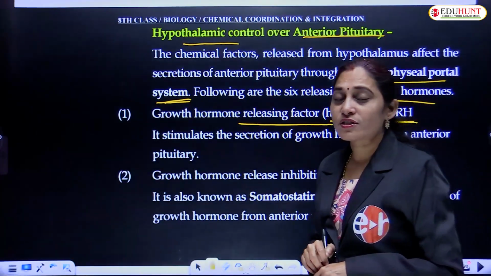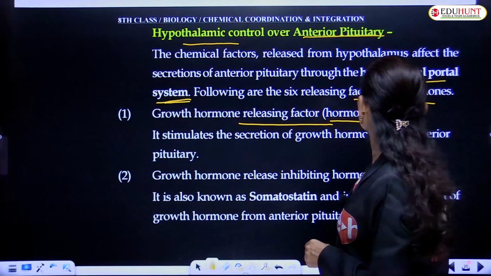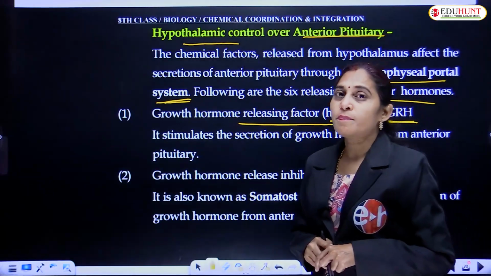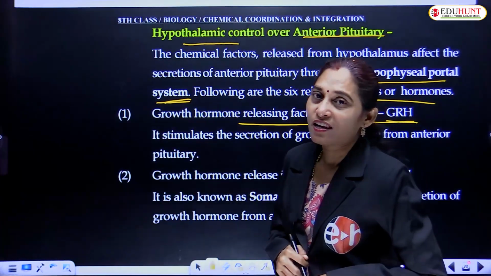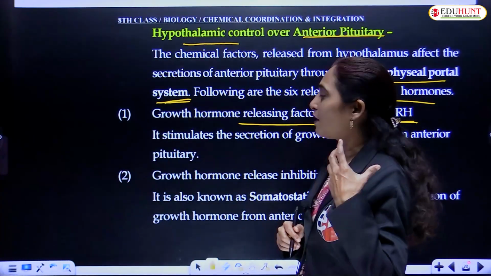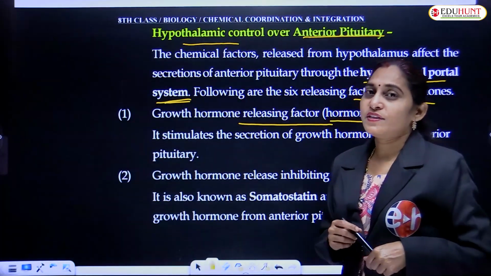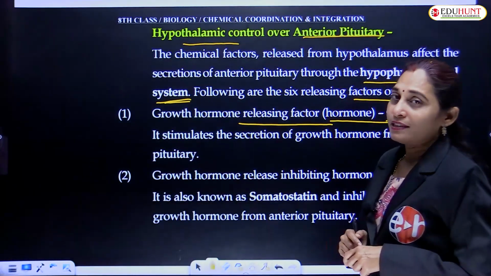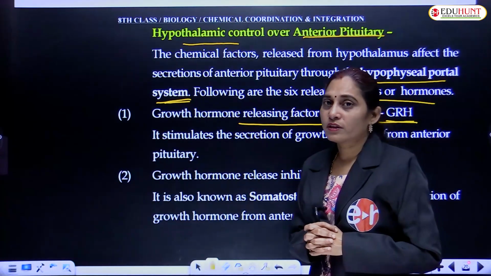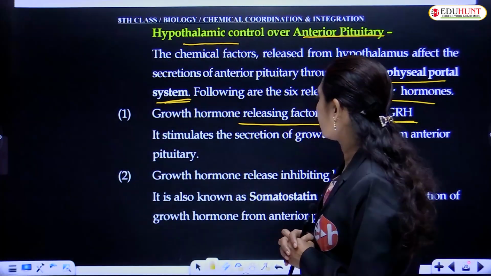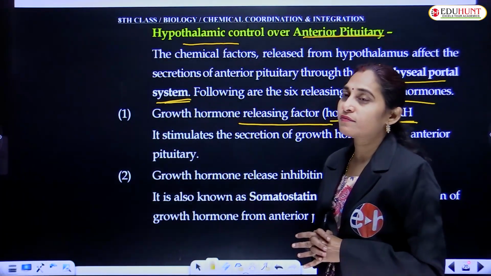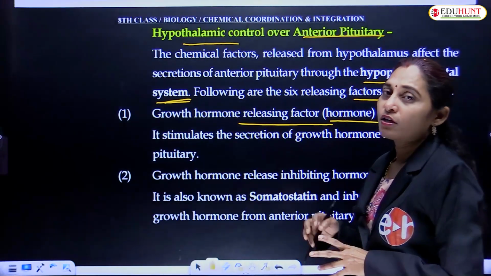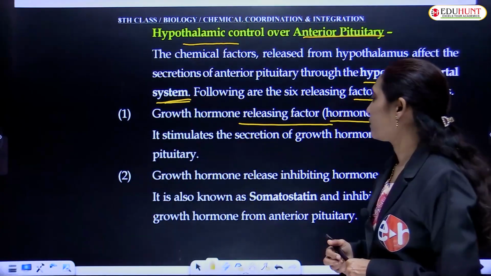These secretions are transported through the hypophyseal portal system. After reaching the proper site, they stimulate the growth promotion, that is growth hormone releasing factor stimulates the growth hormone to release.